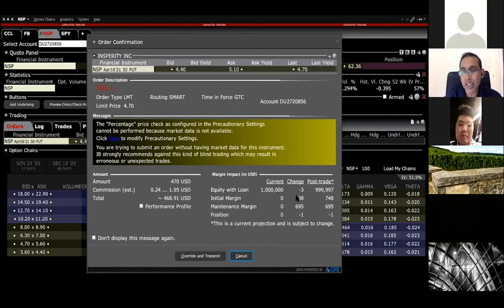It is only $748, which is the initial margin. But what one really needs to worry about is the maintenance margin, this is the margin one needs to maintain. So I can place this order even by just having $700 in this account. And that, my friends, I'm saying is a mistake.